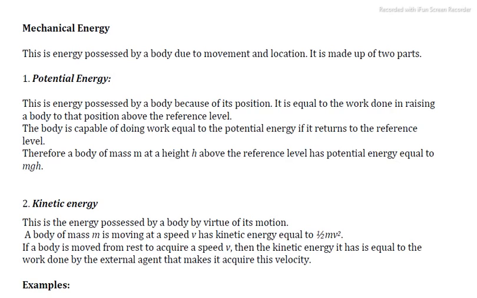A body of mass m at a height h above the reference level has a potential energy equal to mgh, where m is the mass, g is the acceleration due to gravity, and h is the height above the reference level.